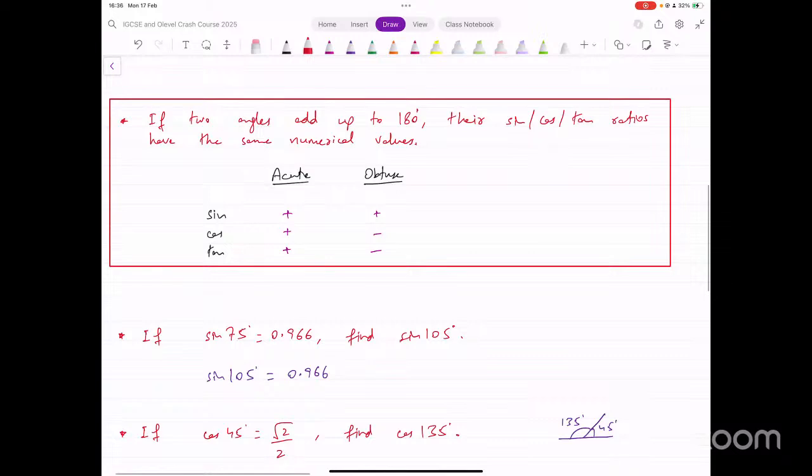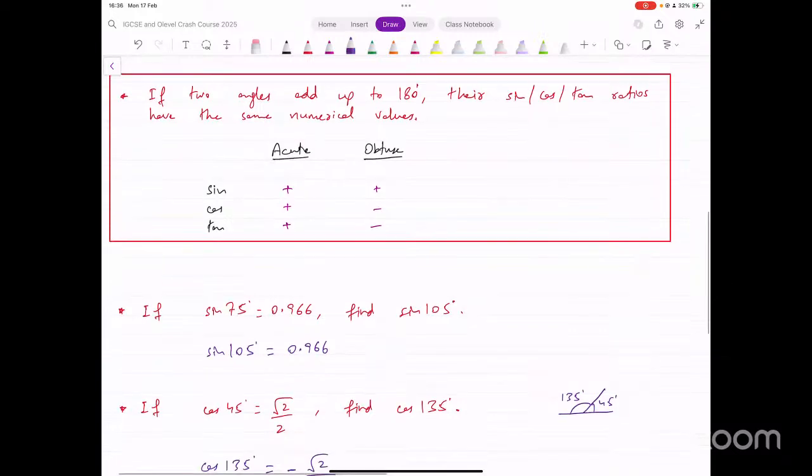So if two angles add up to 180, their sine, cos, tan ratios have the same numerical values. The only difference is for sine function, they are going to be exactly the same. For cos and tan, with obtuse angles, we would have negative signs. With acute angles, we would have positive signs. That's the only difference. Okay.